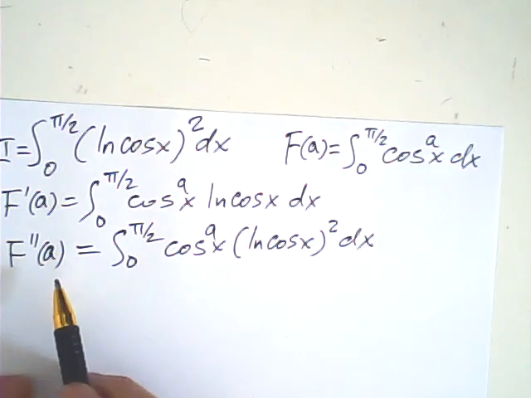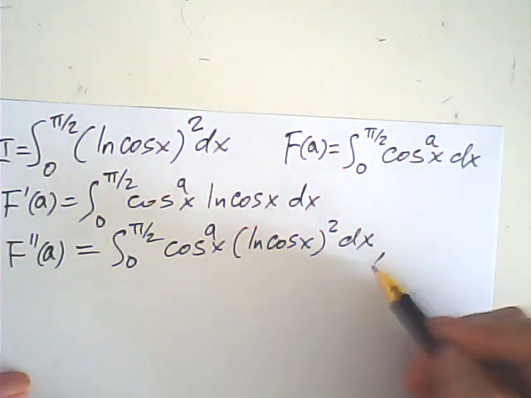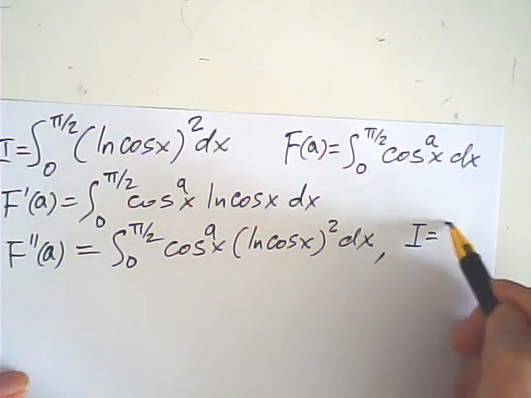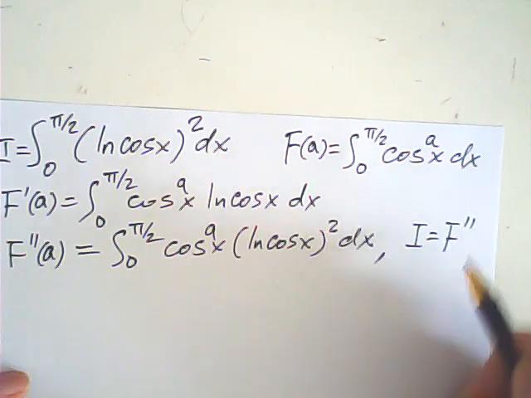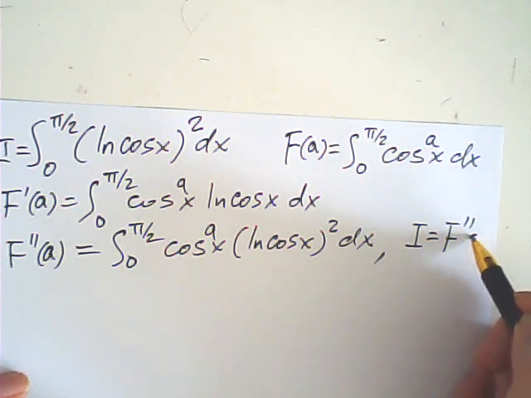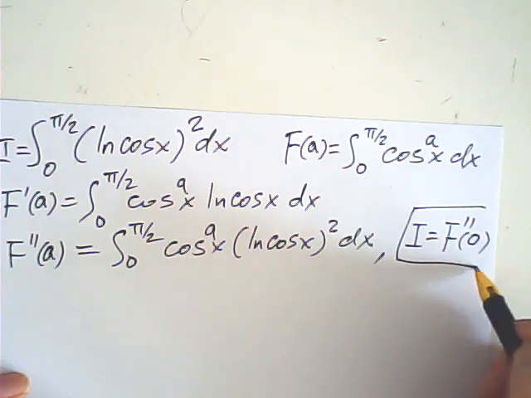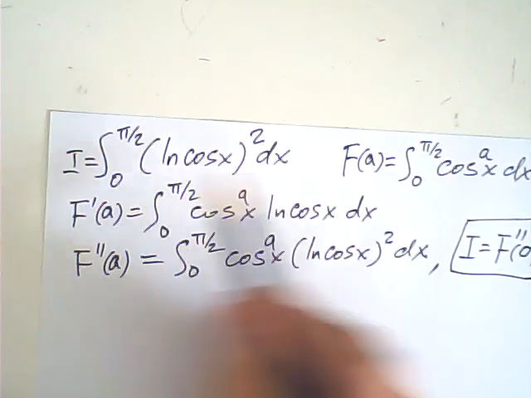Okay, when a equals 0, this is my target integral. So my I is equal to the second derivative of f at 0. So this is my idea to find this integral.